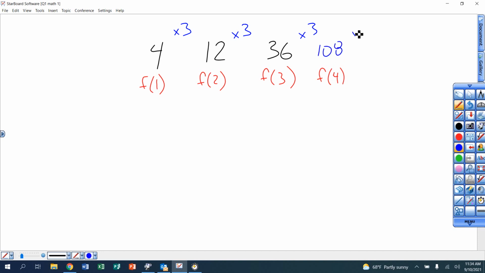If I take that times 3, that will give me the 5th term, which is 324. I could use that to go backwards and times by the reciprocal of 3, which is 1/3. So remember that 4 divided by 3, or 4 times 1/3, gives me 4/3 for the 0 term.